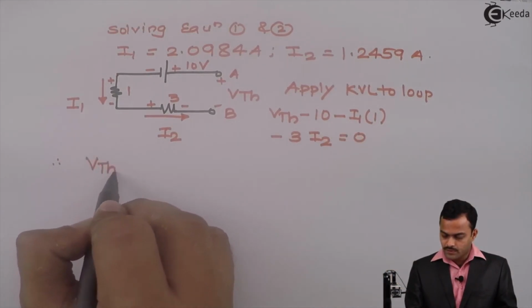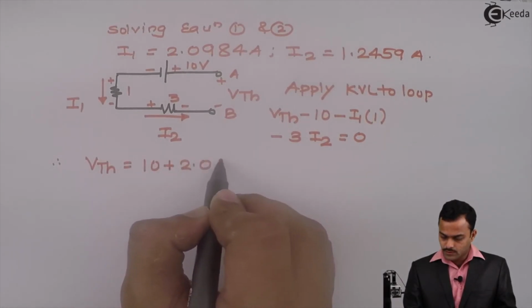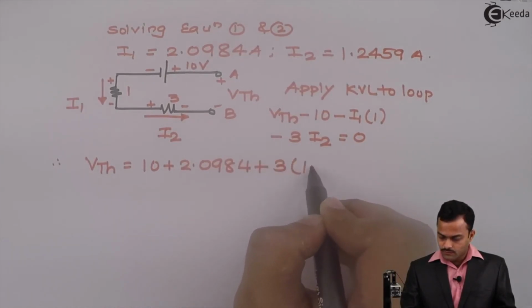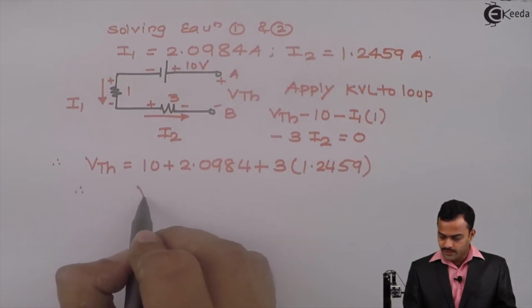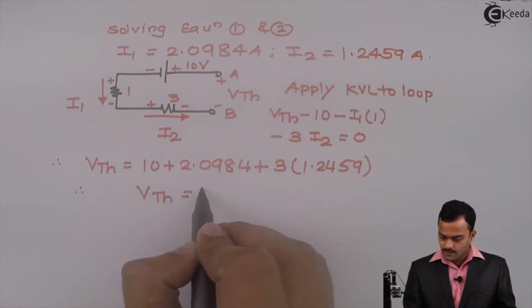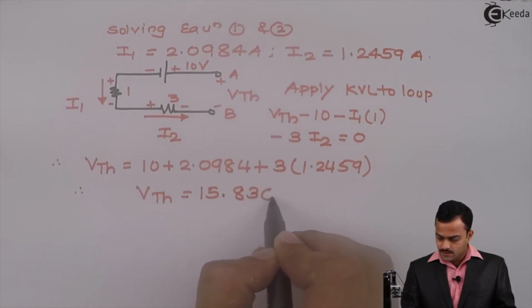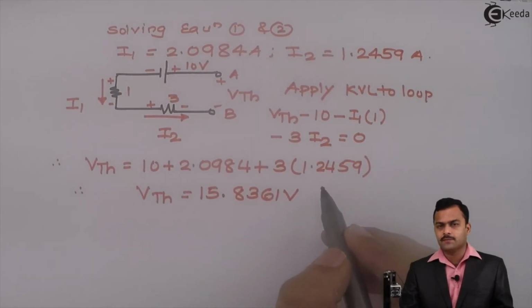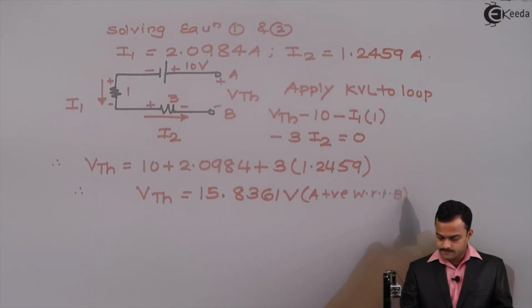If I substitute the values of I1 and I2, I will get 10 plus 2.0984 plus 3 into 1.2459. I will get VTH as 15.8361 volt. I am getting a positive answer, which implies A is positive with respect to B.